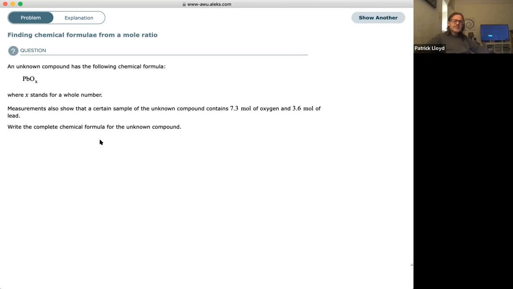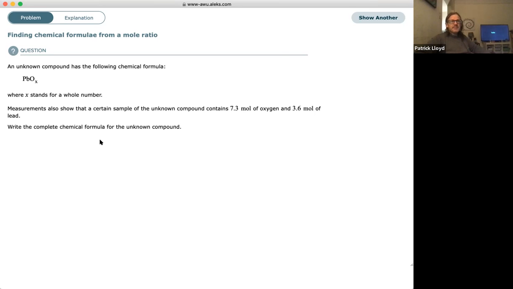So here's one. This says finding the chemical formula. Again, still section 3.4. Finding the chemical formula from a mole ratio. So an unknown compound has the following chemical formula, PbOX, where X stands for a whole number. Generally speaking, when we write out the chemical formula for a compound, it will be all whole numbers.